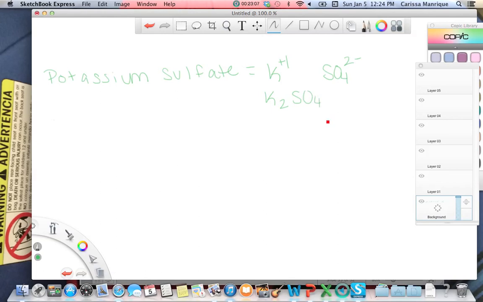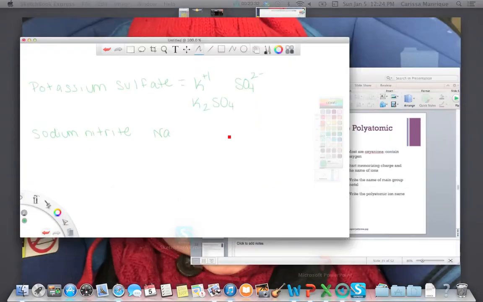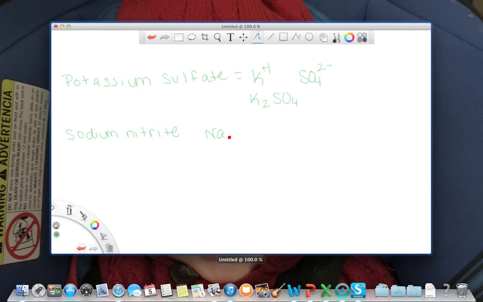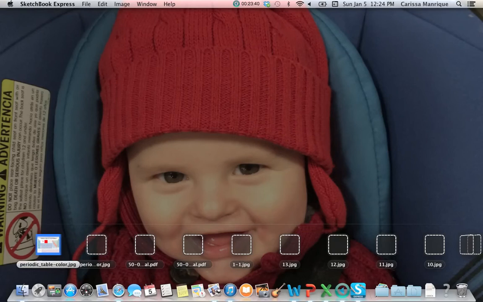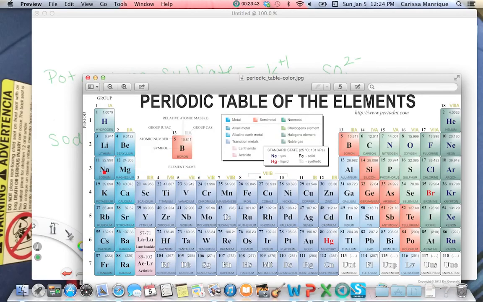All right, let's look at another one. Let's look at sodium nitrite. Okay, sodium is Na, and it's in group 1 right here.